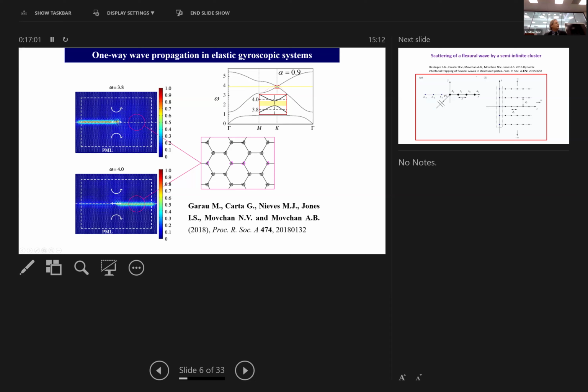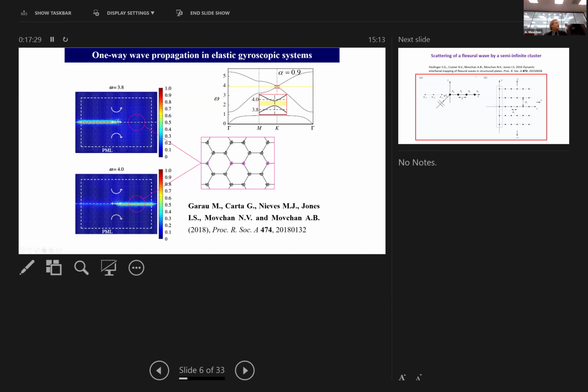In this case, it doesn't happen at any frequency. It happens at a particular frequency. And we refer to this as the so-called stop band. At the lower edge of this stop band, you generate a wave in one direction. At the upper edge, you have a wave propagating in the other direction.